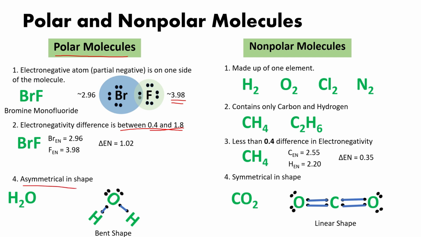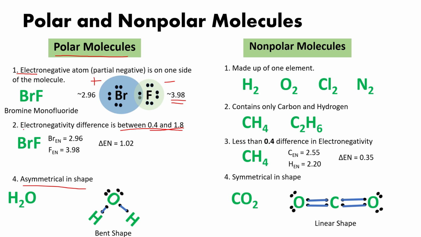First, asymmetrical. Second, the electronegative atom is on one side of the molecule. And how do we know it's on one side of the molecule? Since fluorine is stronger in electronegativity, this side is negative and automatically the other side is positive.